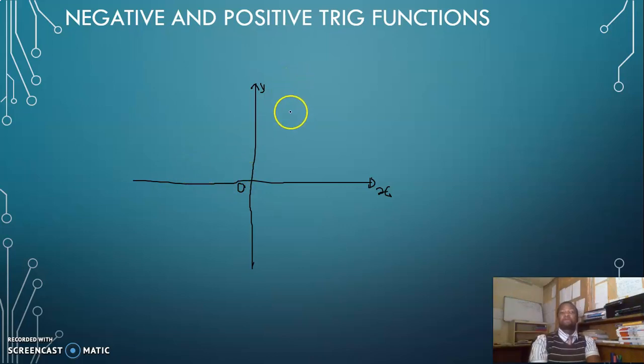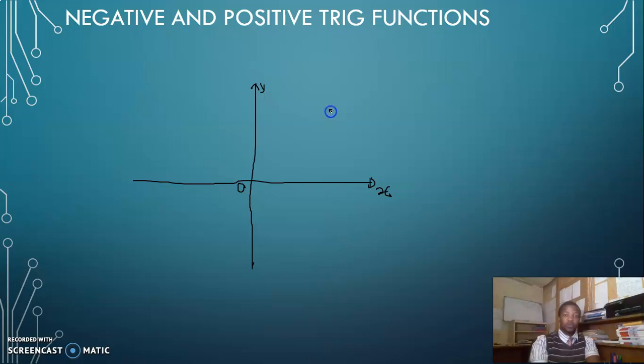All right, so we will begin with a point. What we simply want to do here is define our trigonometric triangle, but now we want to define it in the Cartesian plane.